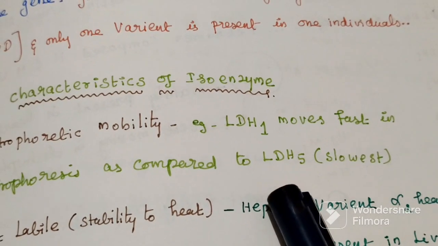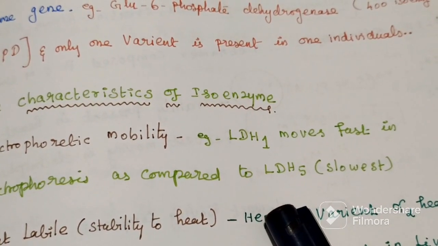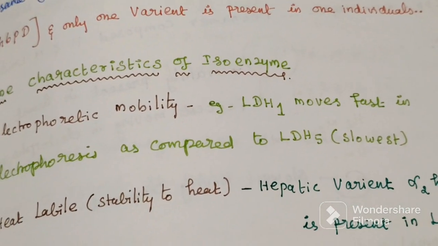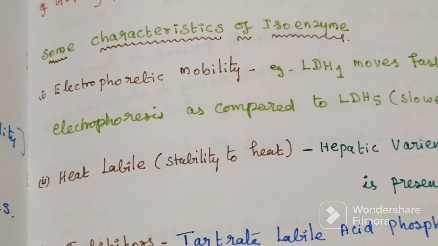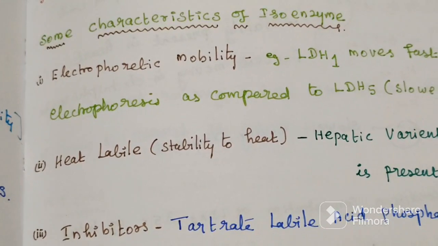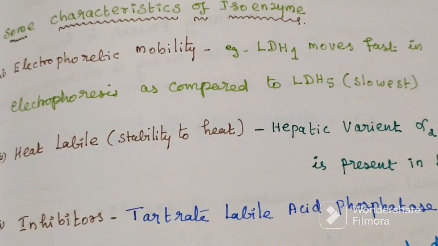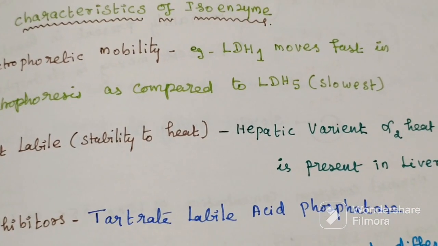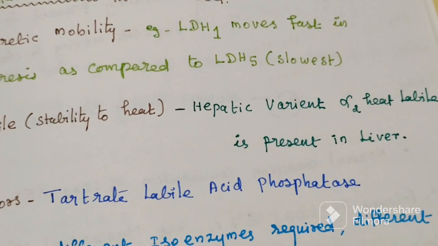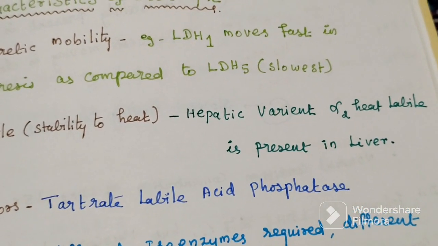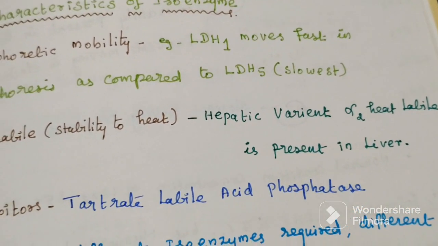LDH5 is the slowest moving component, LDH1 the fastest. Then second one is stability to heat. The hepatic variant alpha 2 is heat labile, present in liver. It is sensitive to heat.